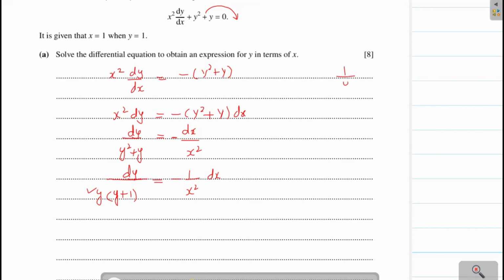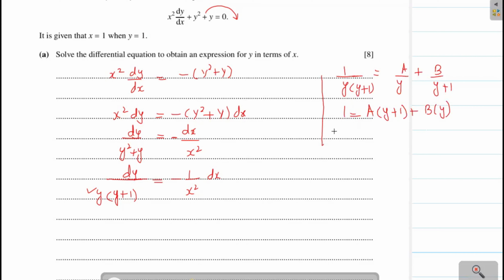Now the fraction 1 over y(y+1), we can write it as a over y plus b over y+1, and we multiply this fraction by y(y+1). We get 1 equal to a(y+1) plus b times y.